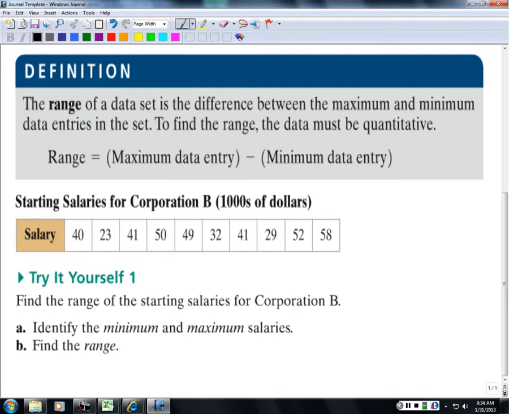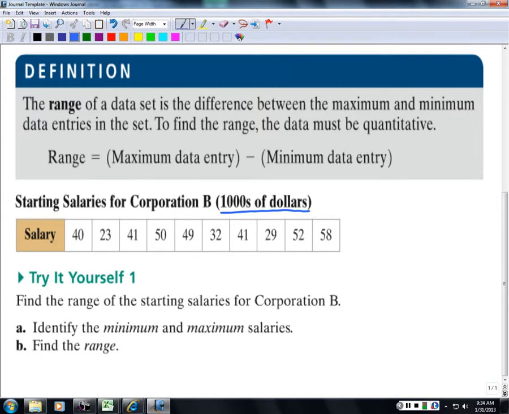Now, if we look at this, a couple things that we need to pay attention to. This is in thousands of dollars, so the starting salaries, for example, that first one is actually $40,000, then $23,000, then $41,000. This is a technique that we use a lot in statistics and in a lot of math, simply because it makes my calculations easier.